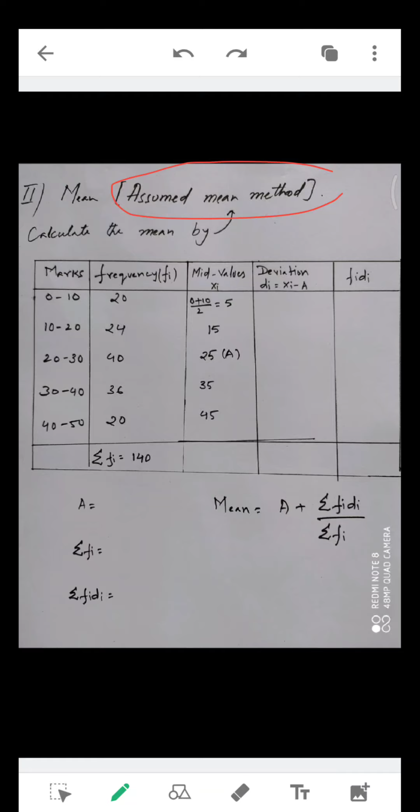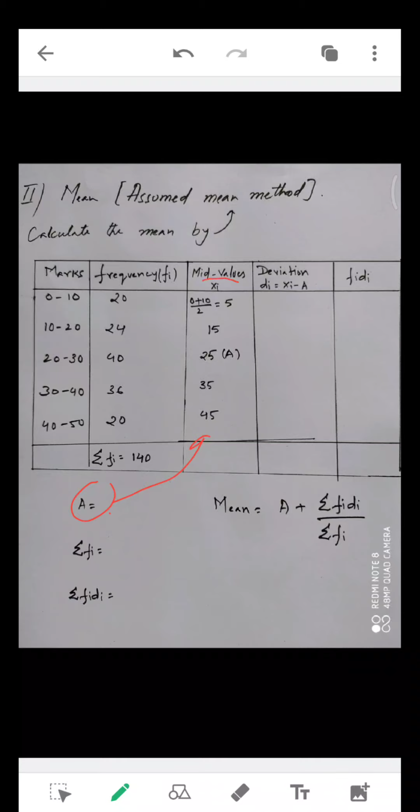Now in this formula, what is this a? Sigma fi we already got, and we need to find sigma fi di. So what is a here? A is nothing but the assumed mean. The a value will be taken from the mid values.